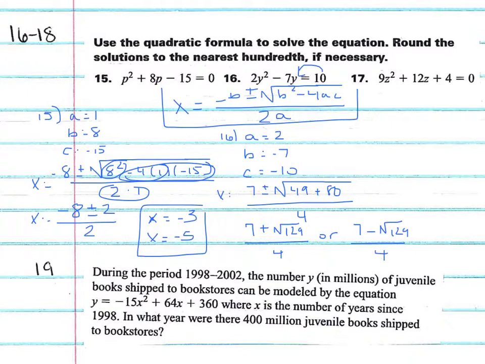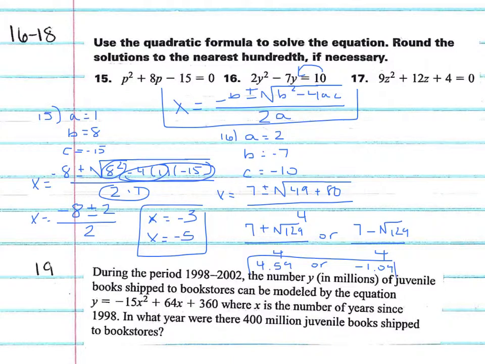And it says to round your solutions to the nearest hundredth. So you actually want to type this into your calculator and get an answer. And when typing these into a calculator, you should get 4.59 when rounding to the nearest hundredth, or a negative 1.09 as your two answers.